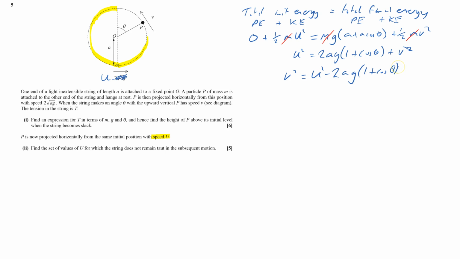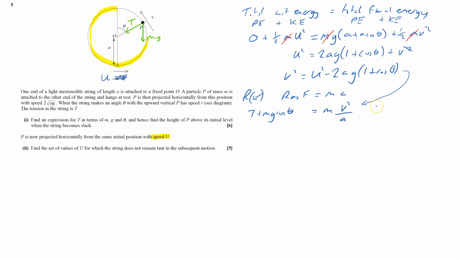That's a good start. Now I need to resolve inwards, same as we did before. So resolve inwards. I have resultant force equals mass times acceleration. I suppose I should put my forces on here: mg and T. And so we get T plus mg cos theta, as before, equals mv squared over a.